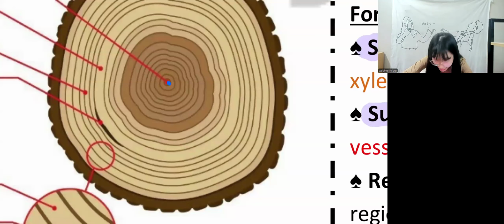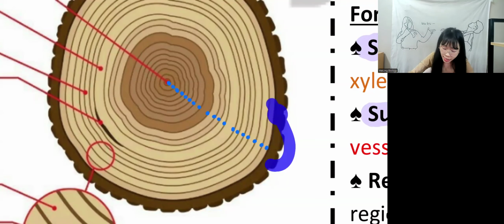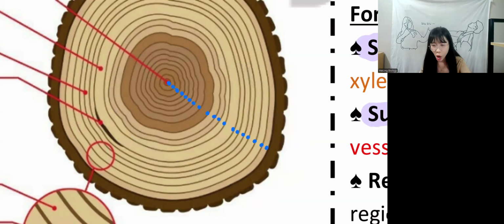So this is 1, lighter, darker color, 1, 2, 3, 4, 5, 6, 7, 8, 9, 10, 11, 12, 13, 14, 15, 16, 17, 18, 19. The outermost layer we don't count because this is the location for the epidermis and cork. So we don't count the outer layer. So this is 19 years old, older than you guys. So this is how we count annual rings.